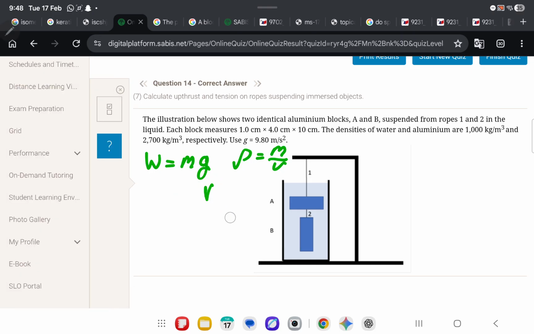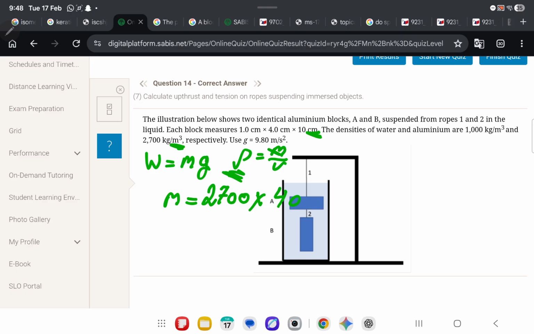So M is what you don't know. M is rho V, we said. The density of aluminum, because we need to find the mass of the blocks of aluminum, right? 2700 times V, which is 1 by 4 by 10. If you don't know, this is an expression for the volume. So what's 1 times 4? 4 times 10, 40. But this is in centimeters cubed. We need it in meters cubed. Centimeter to meter, how much? 100.